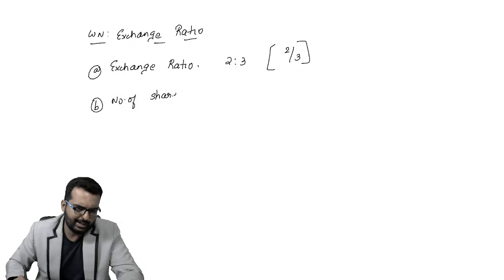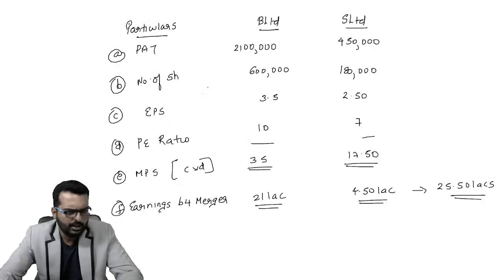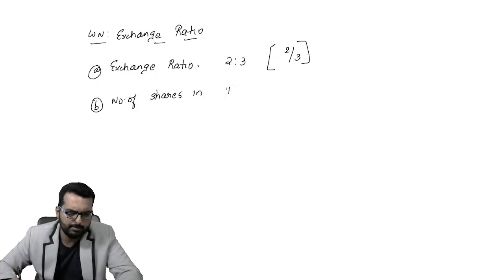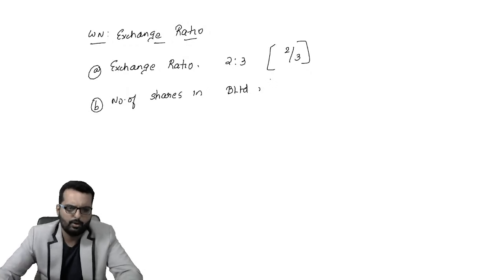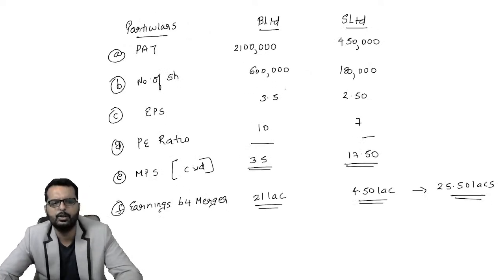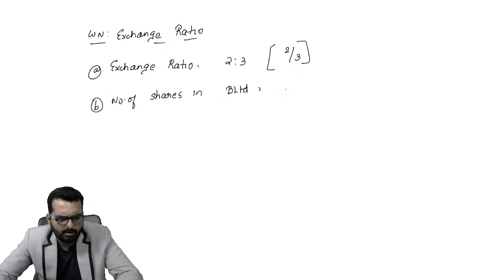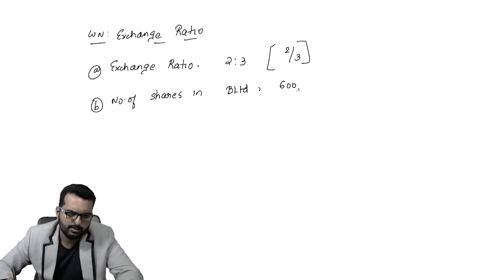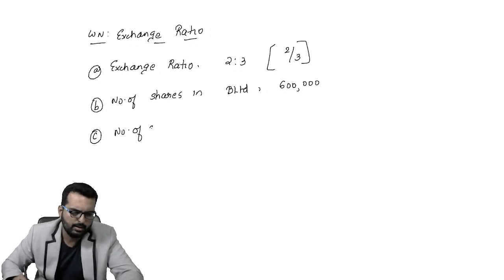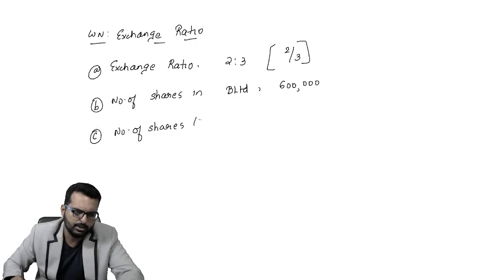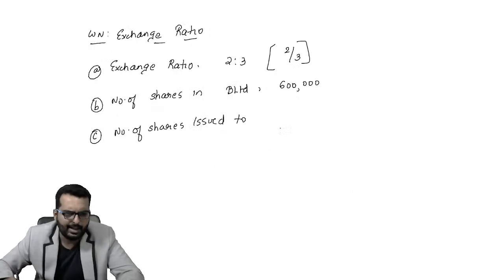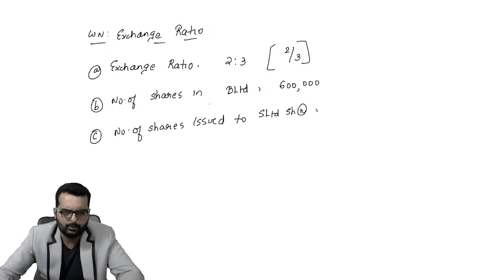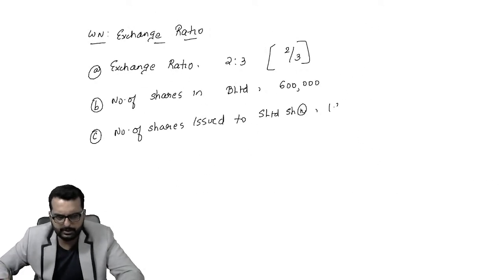Number of shares in the holding company, B Limited. What is the number of shares in B Limited? 21 lakhs? No, that's the earnings. Shares is 6 lakhs. Now I'll write down the number of shares issued to the shareholders of the second company, S Limited. That would be 1,80,000 shares.